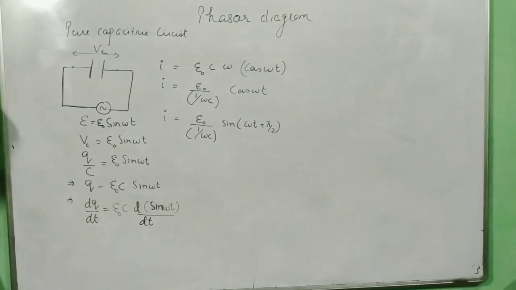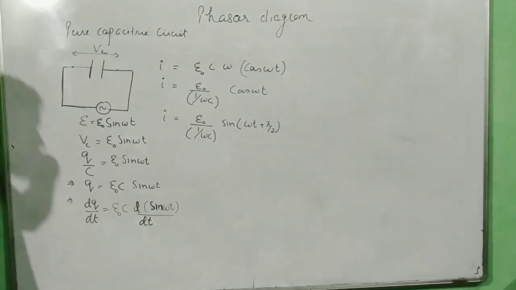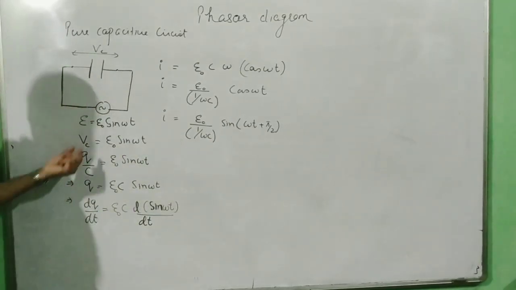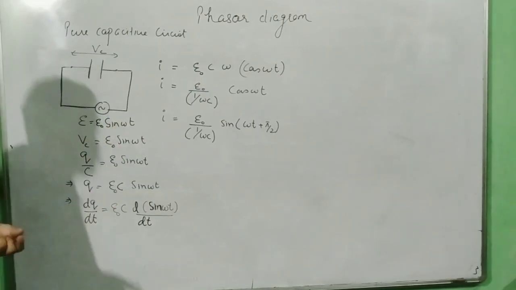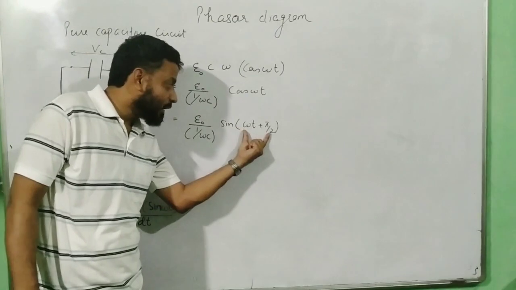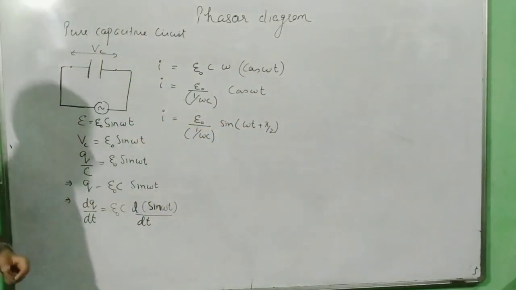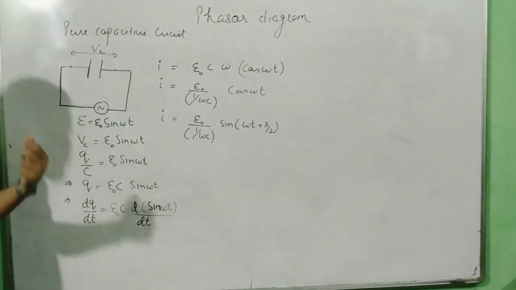What we have found so far? Now look here. I will come back to my same statement. When E has a phase of omega t, current has a phase of omega t plus pi by 2. Understand in this manner.